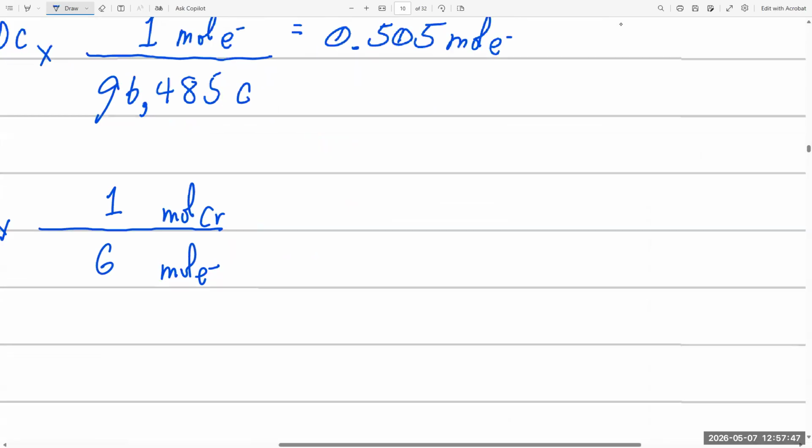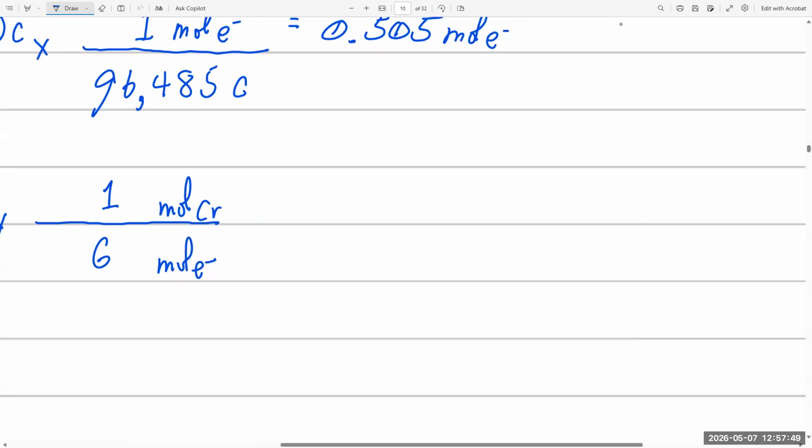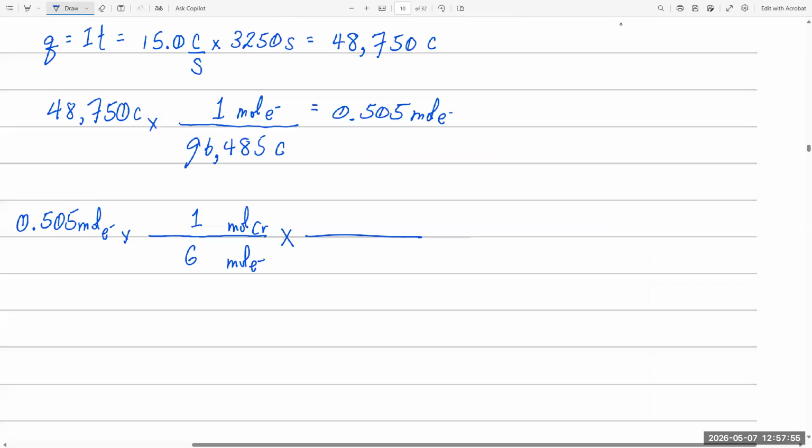All right, so 52, right? I'm not touching anything. Times, right? Let's take a look. Moles of electrons cancel each other. We got moles of chromium, so you need moles of chromium here, grams of chromium here, and it's 52.00 grams per mole, right?